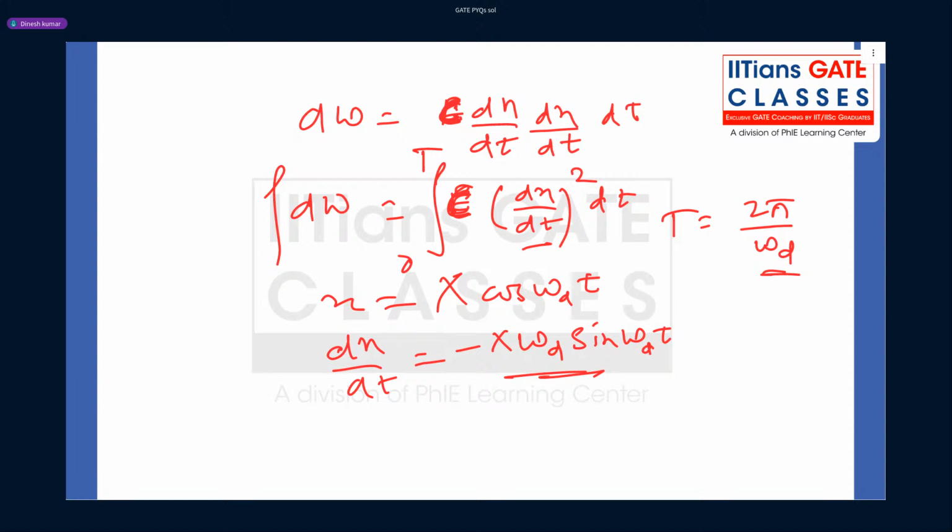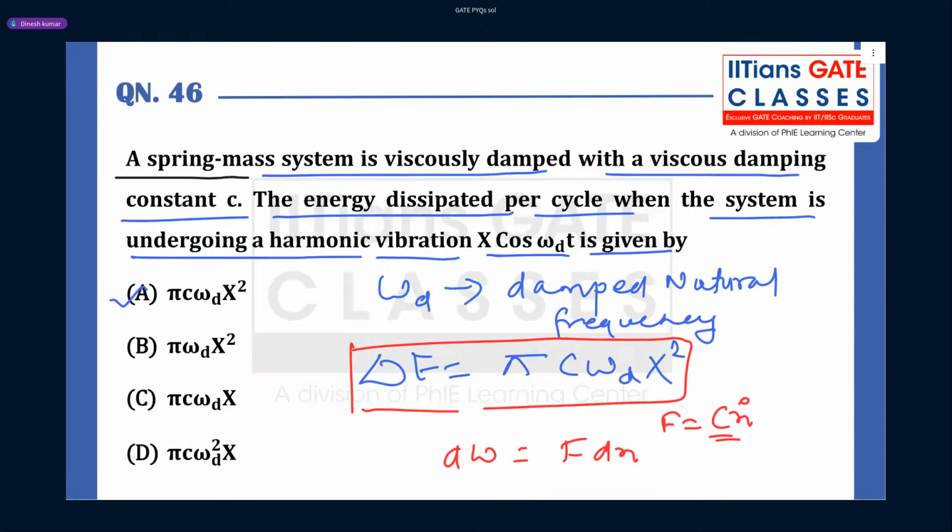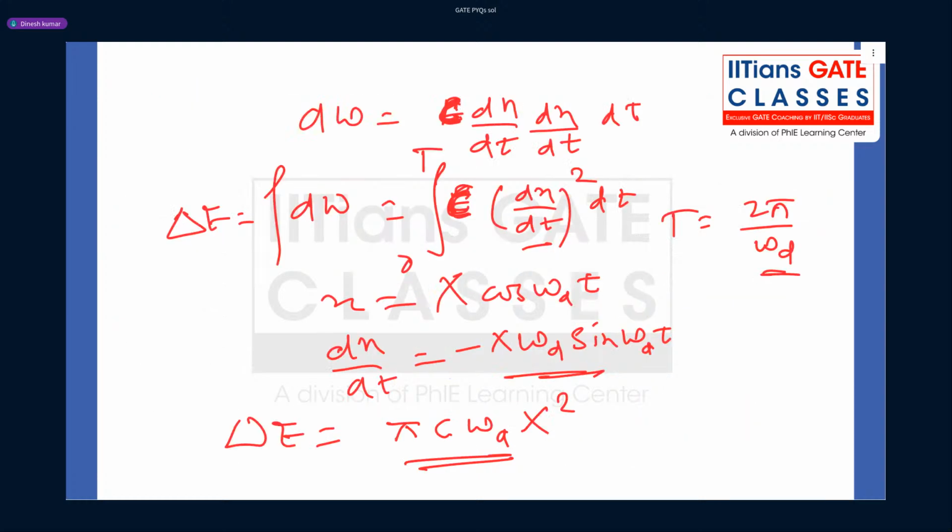What you find is the total energy dissipated in one cycle, delta E. So what is delta E? It will come to be pi c omega d capital X square. So that's why A is the answer. Clear?